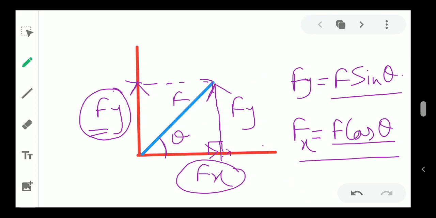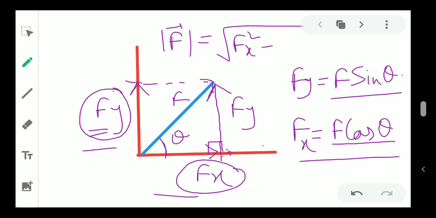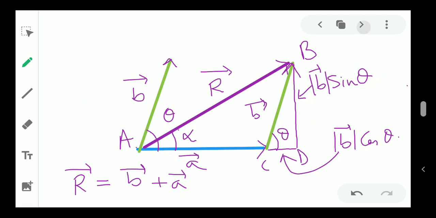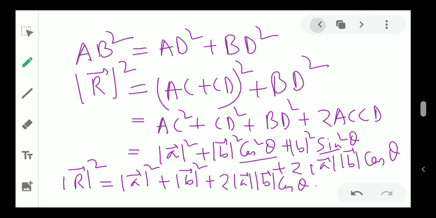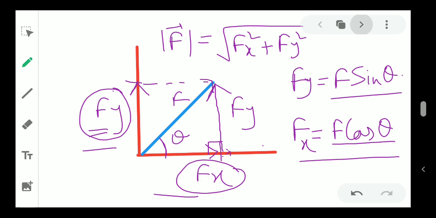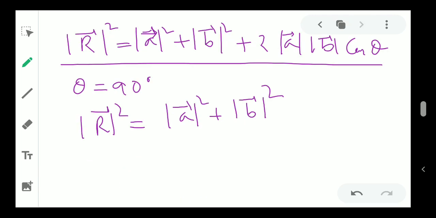So in that case I can always write my value of total force is root over Fx square plus Fy square, and the 2AB cos theta part will not be here because they are perpendicular.